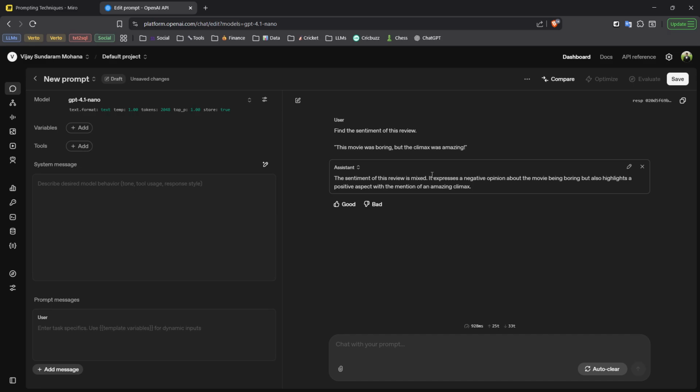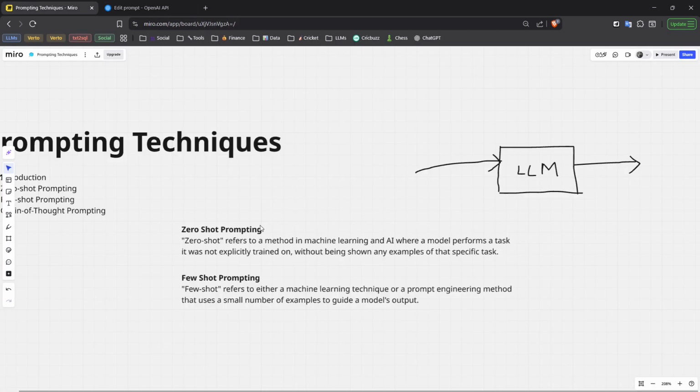Now, sure, we could categorize it as positive, negative, and sort of mixed. But what if I have more sentiments in mind, right? Maybe I want to capture happy, sad, some sort of satisfaction, and so on. Like I mentioned, all of this is based on the kind of training data that was fed into it.